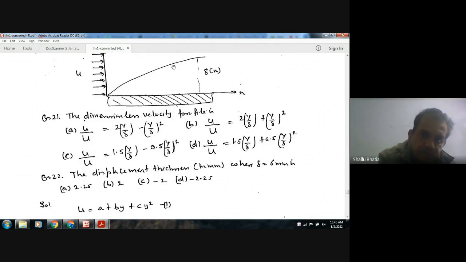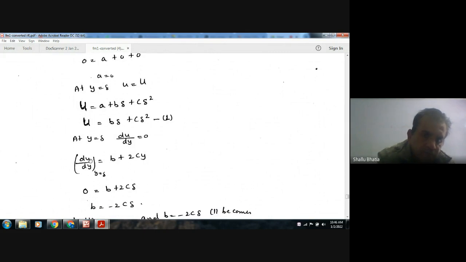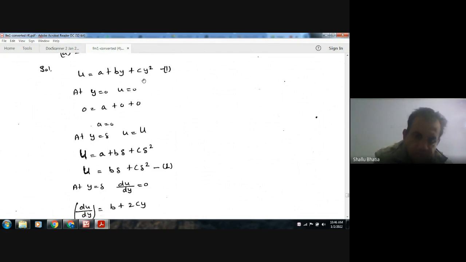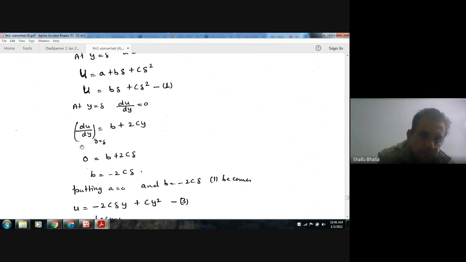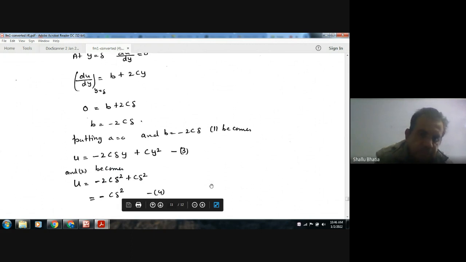Okay, so du by dy should be equal to 0 at y equal to delta. So it will be b plus 2cy. Putting y is equal to delta, we have this as 0, so b plus 2c delta equals 0, so b is just minus 2c delta.